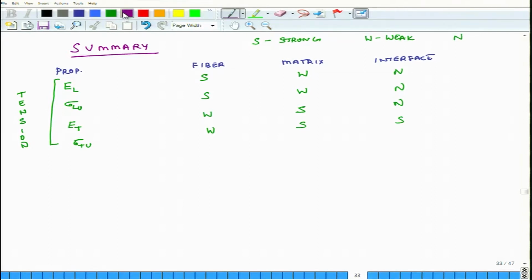Next, we look at compression related properties. So, EL prime, sigma LU prime, ET prime and sigma TU prime. All these are compression.